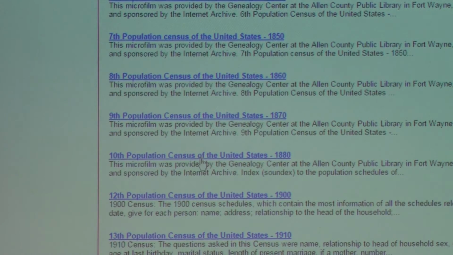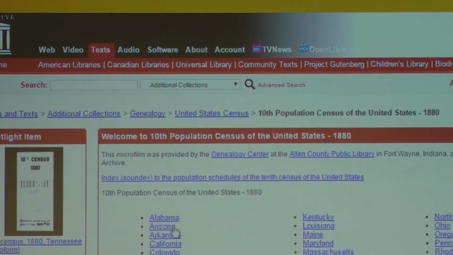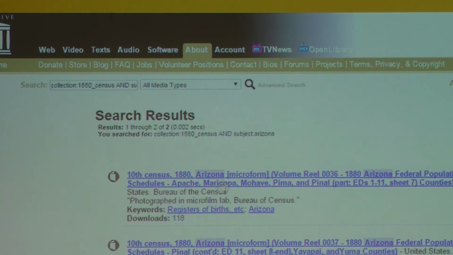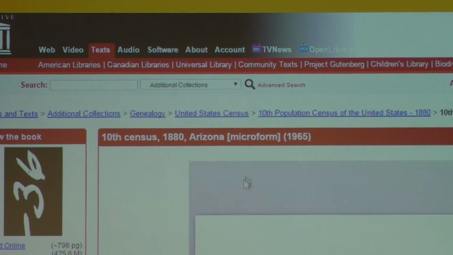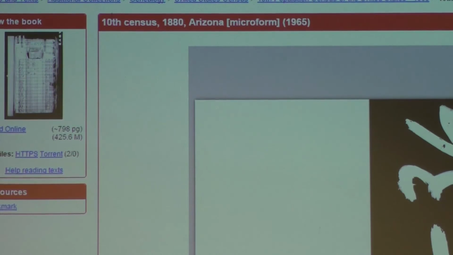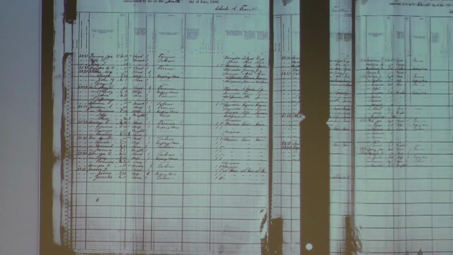So let's go back to the 1880 census and go to my state, Arizona, and then to my county, Apache. And now what we have is the full copy of the census, and I call this the unexpurgated version because it is basically a copy of the raw images as they came from the National Archives. And you can zoom in so you can see exactly what they look like.